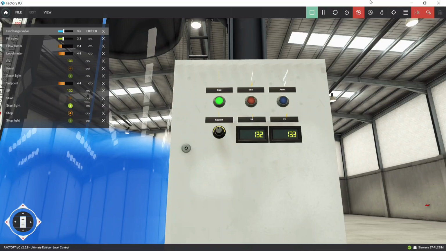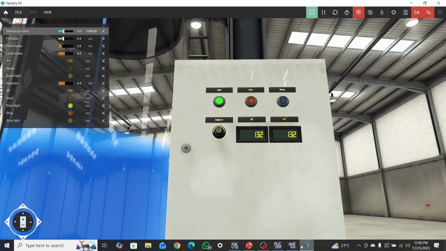There we go. We are just one value above. And there we go, we have reached our set point.